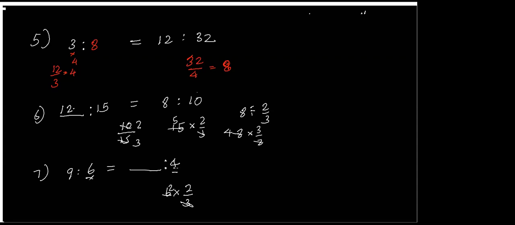Right? Now we got these two answers. If you multiply this one by 2/3, then 9 also has to be multiplied by 2/3. 9 divided by 3, 3 times 2, 6. Then the answer is 6 to 4. 9 to 6, 6 to 4.